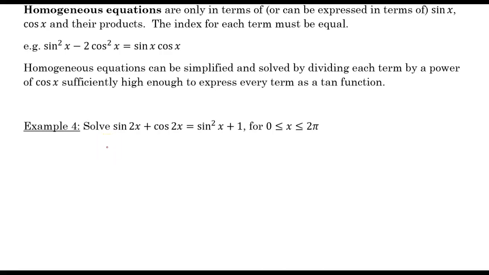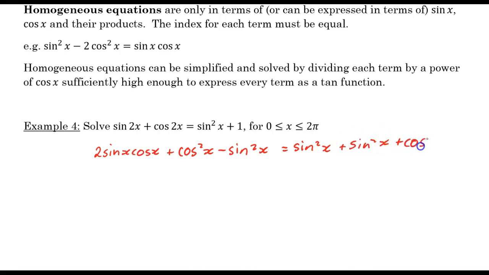So you might need to keep going back and referring to your notes while you're doing these, and remember you get a reference sheet during an exam as well. So we've got 2 sine x cos x. Now cos 2x is cos squared minus sine squared. So plus cos squared x minus sine squared x equals sine squared x. Now plus 1, I'm going to say is sine squared x plus cos squared x.